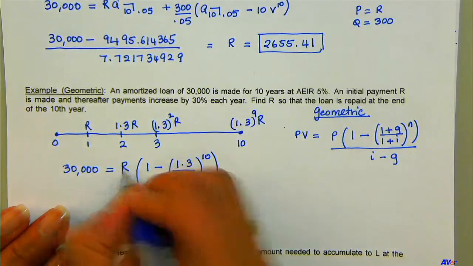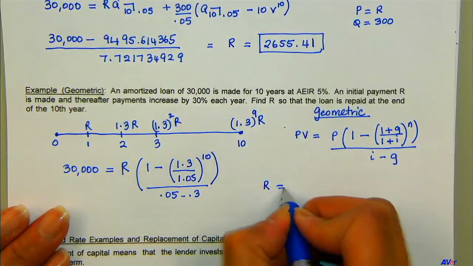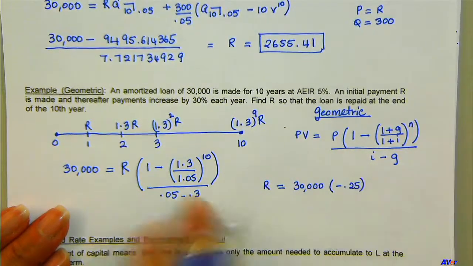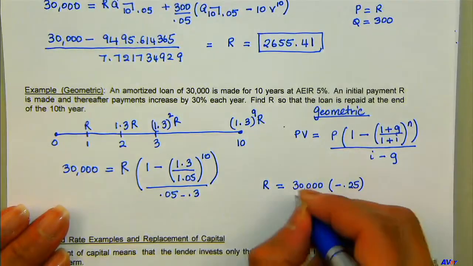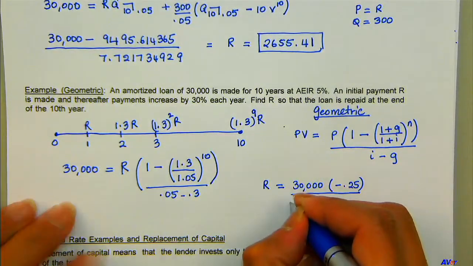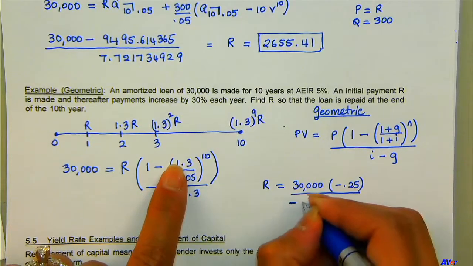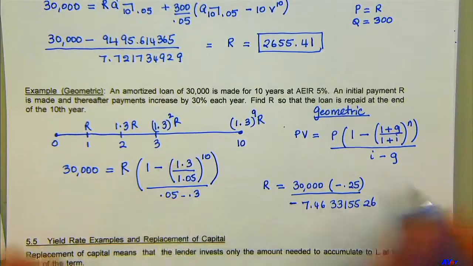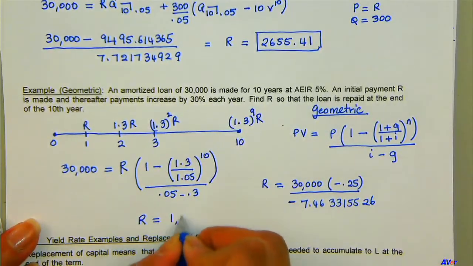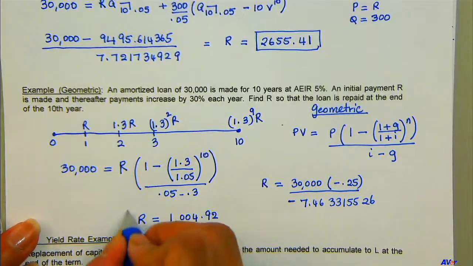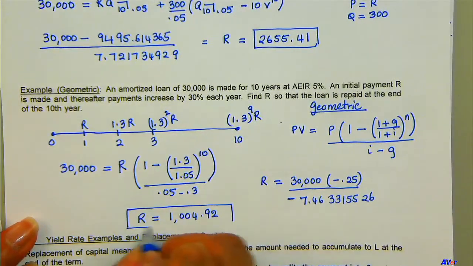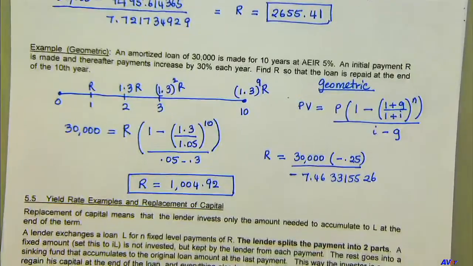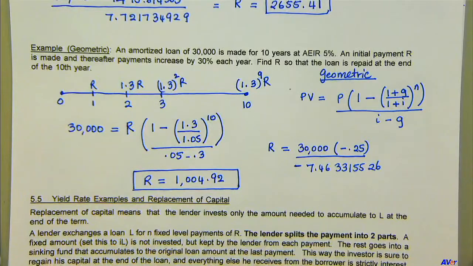Solve for R. So R turns out to be 30,000 times minus 0.25, if I bring this denominator to the left side, divided by this mess, which is minus 7.4633155526. And R turned out to be 1004.92. So those two are straightforward, right?